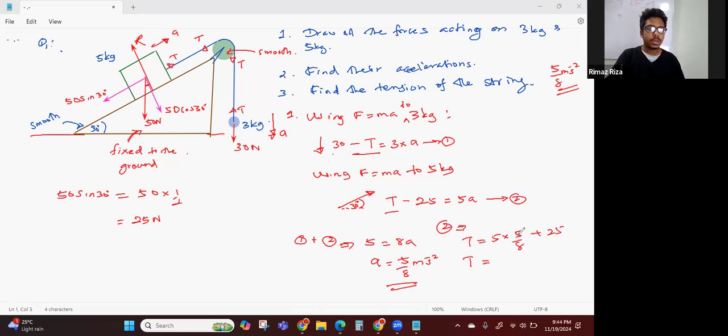So 25 divided by 8 will be, 24 divided by 8 is 3 and remaining 1, that remainder 1 divided by 8 will be 0.125, plus 25. Therefore T equals 28.125 newtons.